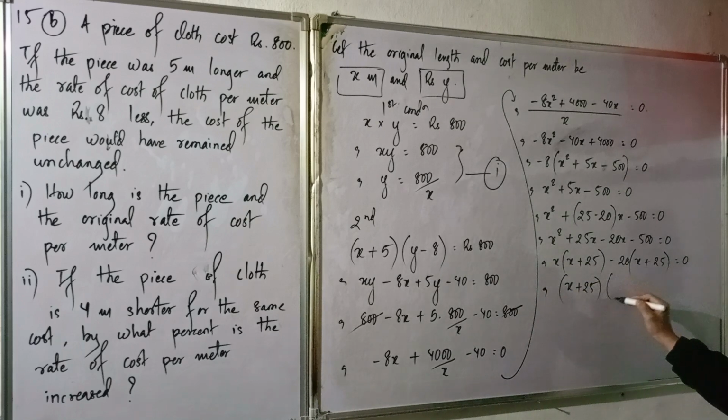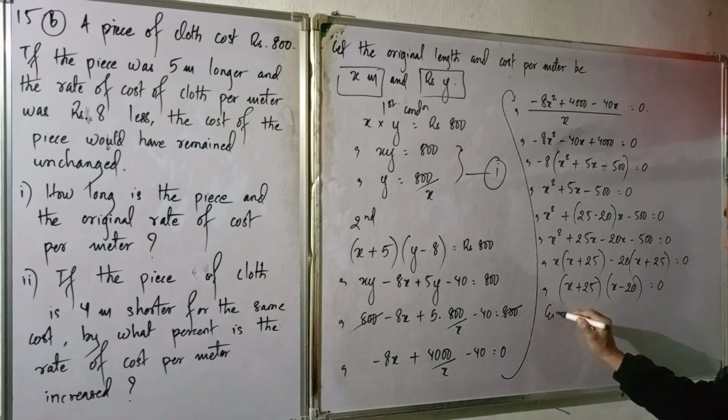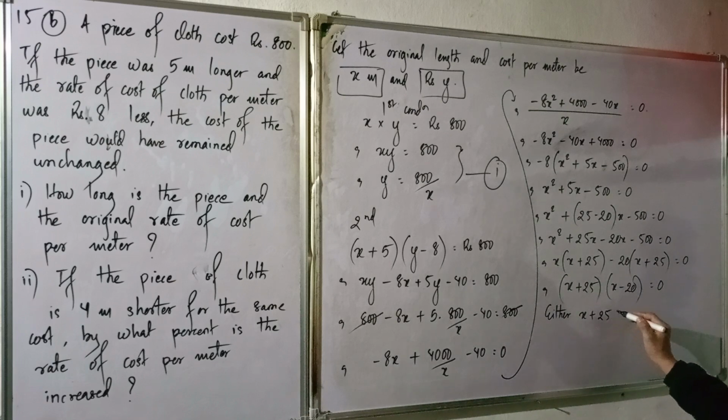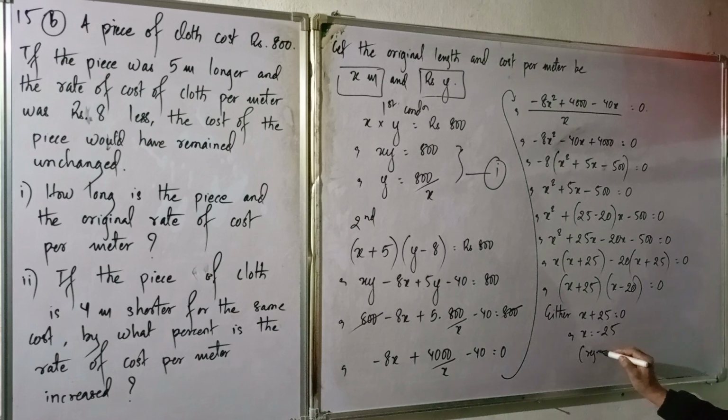Now inside the bracket, x minus 20. You can do either x plus 25 equals 0, or x equals minus 25. Since this is a minus sign, you just reject this. Or x minus 20 equals 0, or x equals 20.